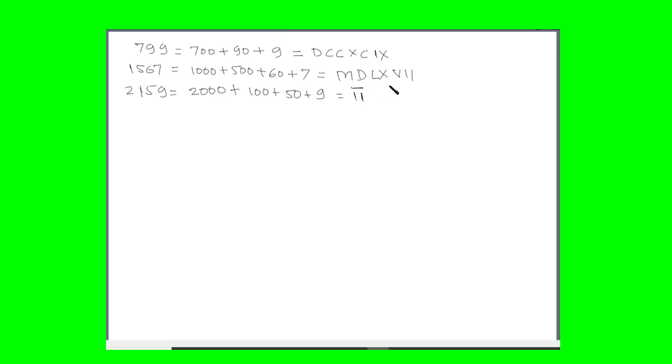Then C for 100, then L for 50, then 9 is IX. So this is our 2159. Now we go to 5893.